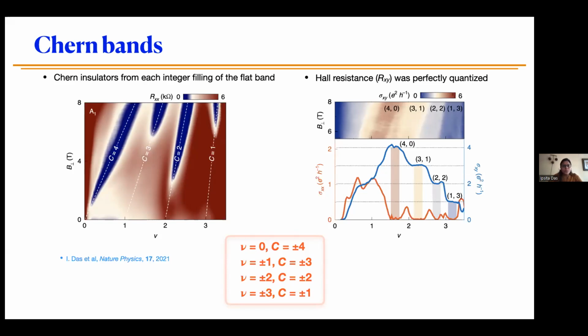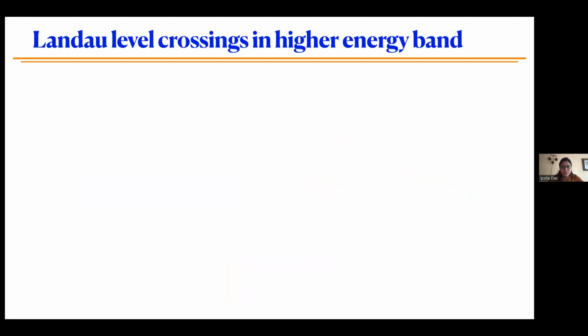Right. So this was inside my flat band. But what happens if I go beyond the flat band? If I go to the higher dispersive band that I showed earlier with the red color, right? So this is my band structure again. I have the flat band, which is blue, and on top of that, I have a dispersive band, which is shown here by red.